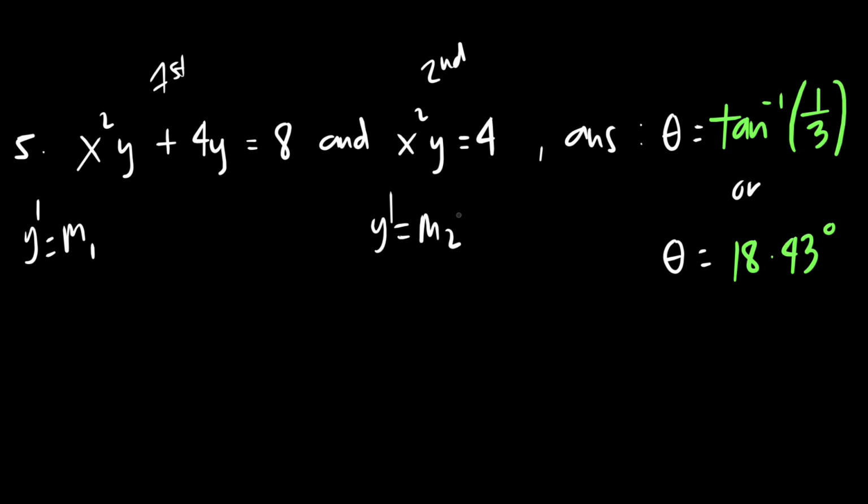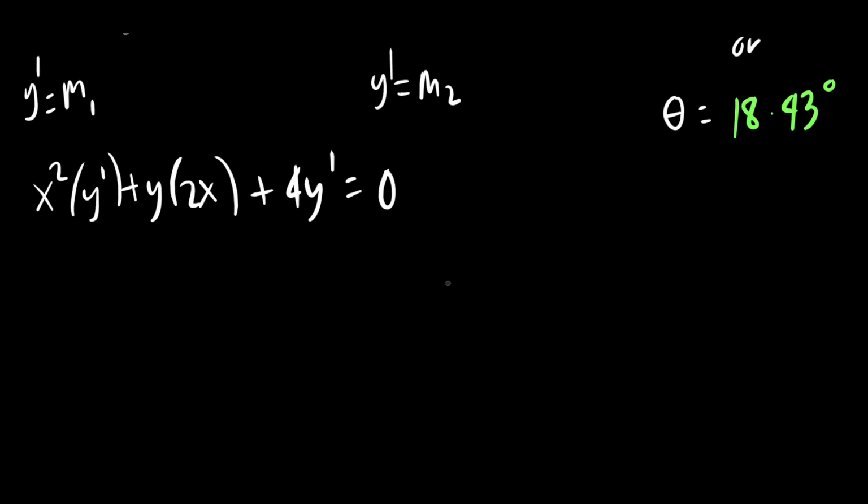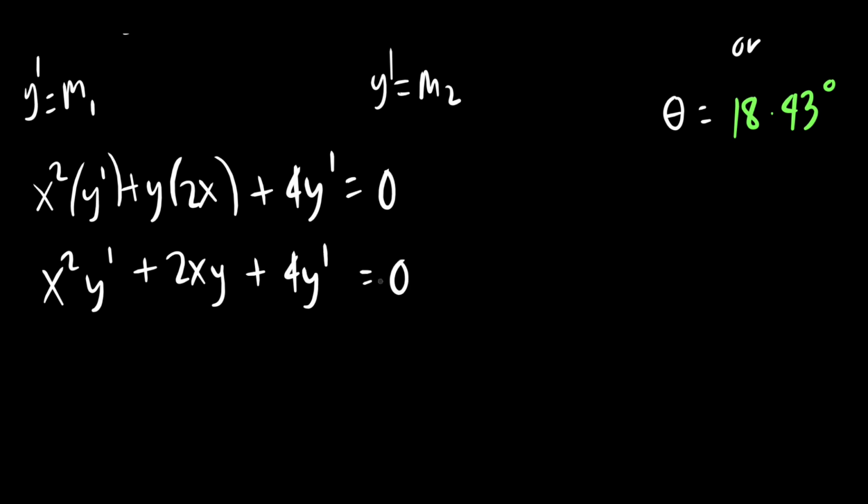So we have x squared, so take its first derivative: x squared y prime plus y multiplied by 2x plus 4y prime is equal to 0. We'll have x squared y prime plus 2xy plus 4y prime is equal to 0.